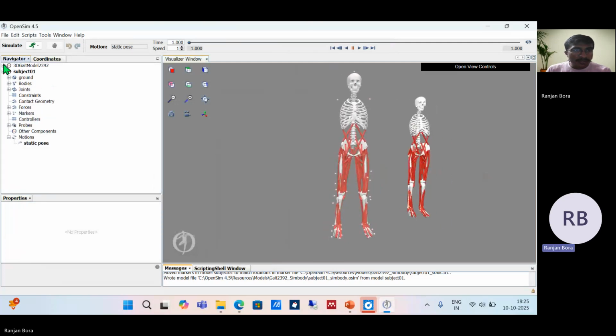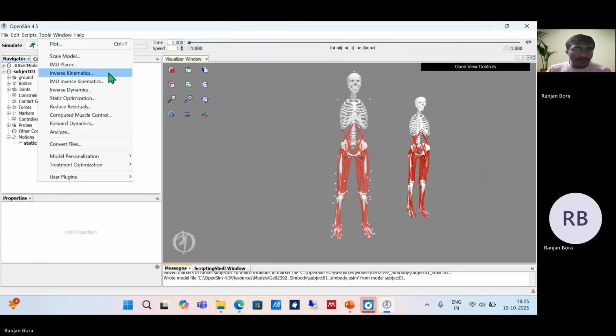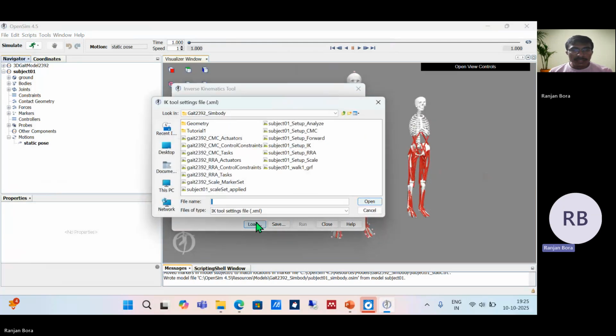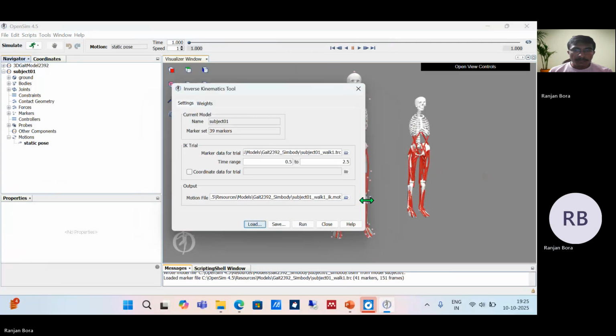So next, we have to do the inverse kinematics. Again, we need to load one XML file to load the different settings parameters. So we'll load this setup_IK, and we'll run this.